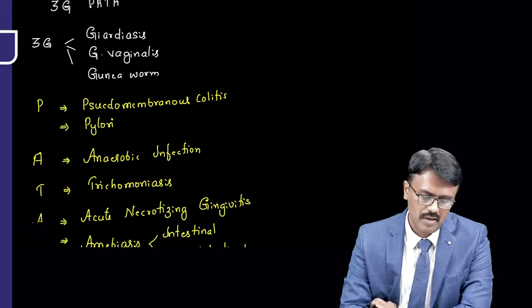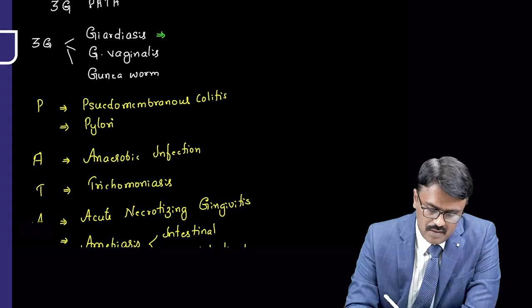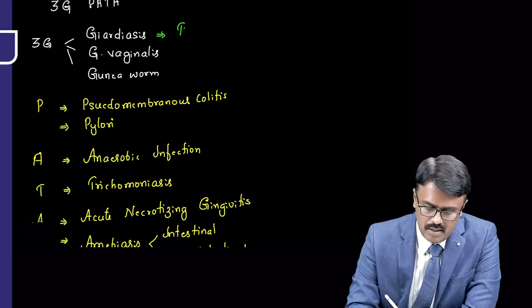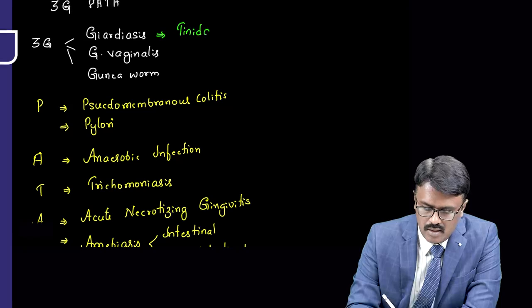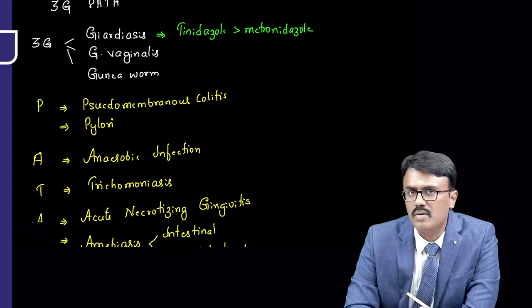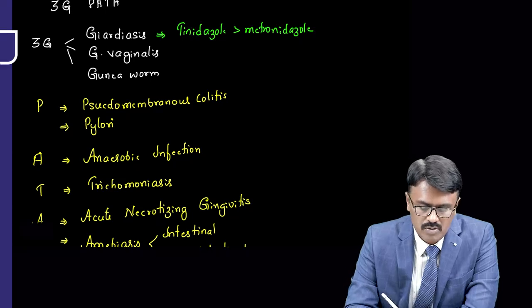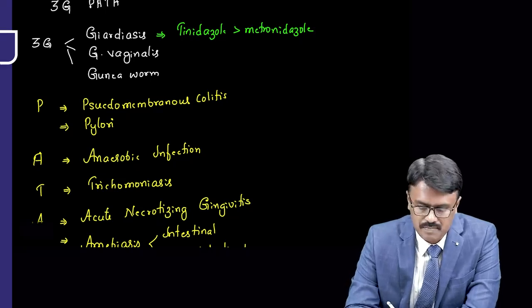Let us understand where it is the drug of choice. Now, giardiasis: if they give it in the exam, remember tinidazole has more efficacy compared to metronidazole. Usually they will not give both. If they have given only metronidazole in the options, that will be the drug of choice. If they have given both, go for tinidazole.